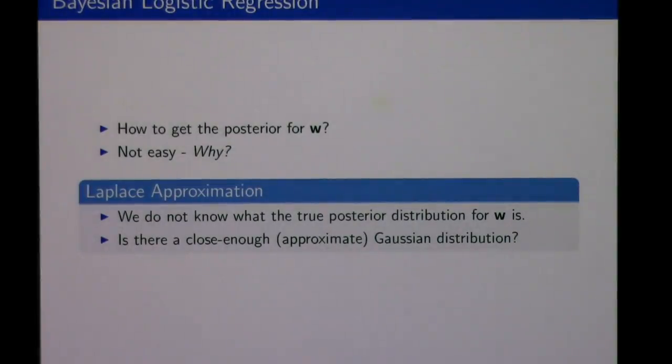And then I talked about Bayesian logistic regression, where we said that instead of just getting the MLE estimate for W, what if we want to get a posterior distribution for W, because that's what we do in Bayesian logistic regression. And we quickly came to the conclusion that it's not easy because the integration becomes very difficult. If you're not following this, just refer to our last class discussion, right?